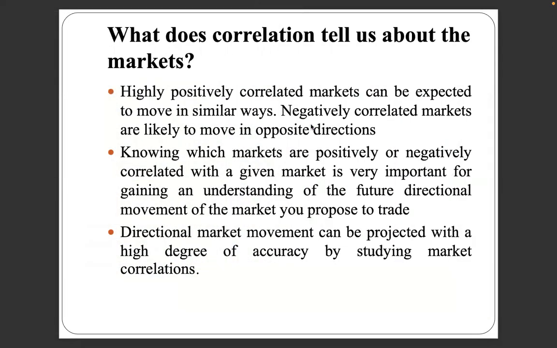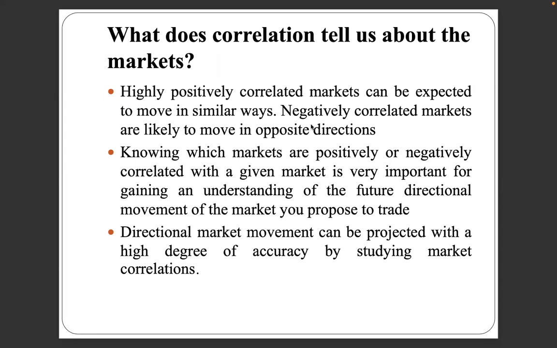What does correlation tell us about the market, right? This is how it's important from the market perspective. Positively correlated markets can be expected to move in similar ways. Negatively correlated markets are likely to move in opposite ways. That is the basic thing. If it is positive, their expected returns are increasing on both; when it is decreasing, both are decreasing.